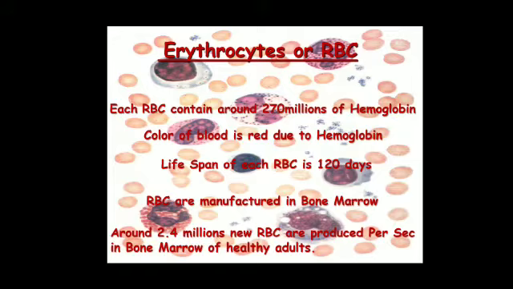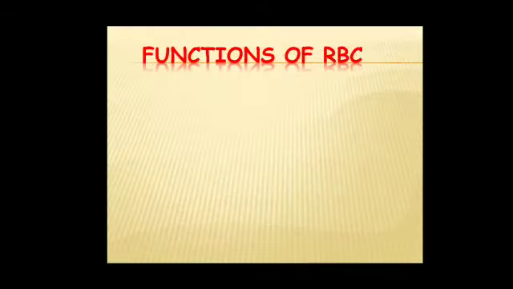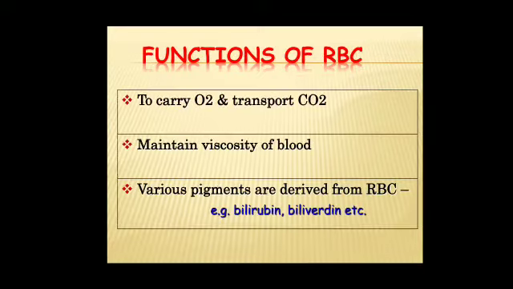Now we will see the function of this RBC. RBCs carry oxygen and transport carbon dioxide. Red blood cells maintain the viscosity of blood, and various pigments are derived from red blood cells, and these pigments are bilirubin and biliverdin.